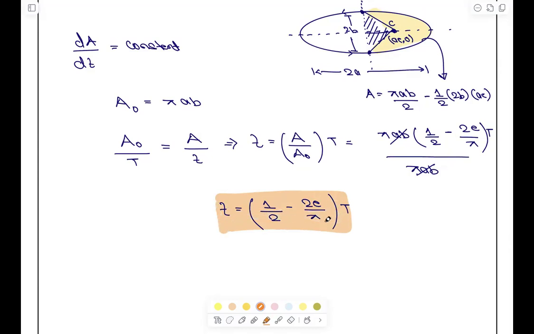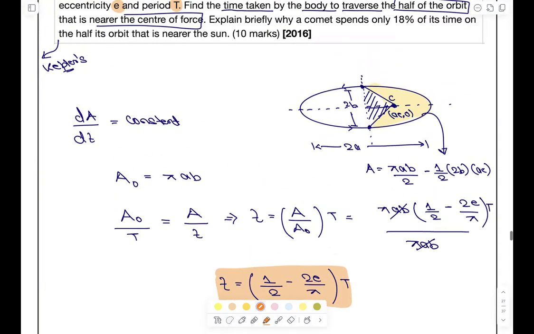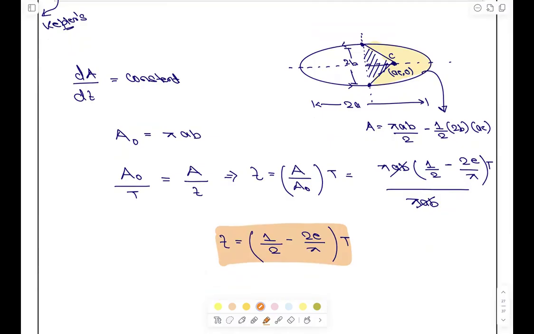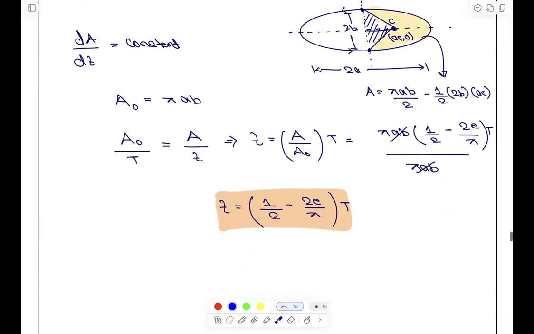This is the time required by the planet to traverse the half of the orbit nearer to the central force.